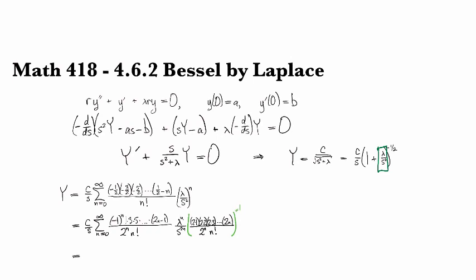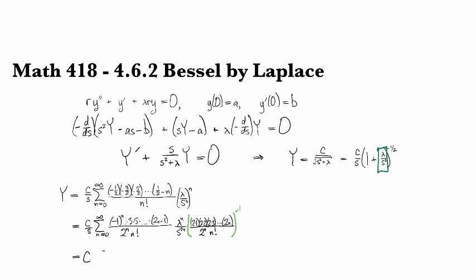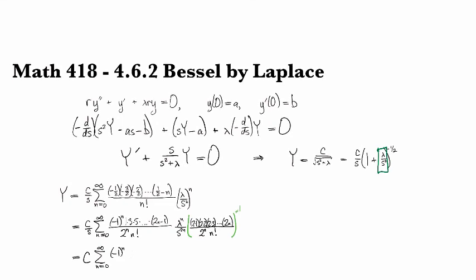So let's see. So now I can combine these things, and I'm going to put that s inside, so I'll just leave c out front. I have -1 to the n, and then on top I have lambda to the n, 2 to the 2n, because I'm now combining those two, and n factorial squared, because I now have two n factorials.